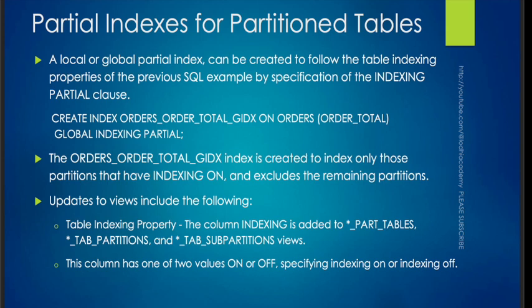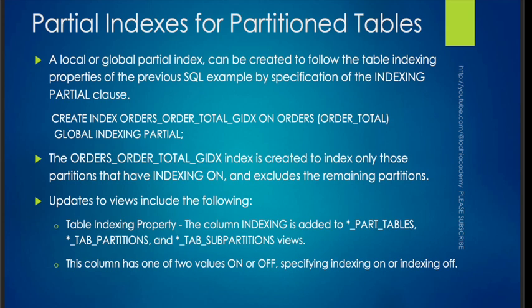Updates to views include the following. Table indexing property: the column indexing is added to the star_part_tables, tab_partitions and tab_subpartitions views. Star means here you can use DBA, all or user.